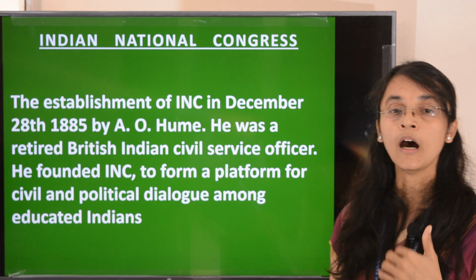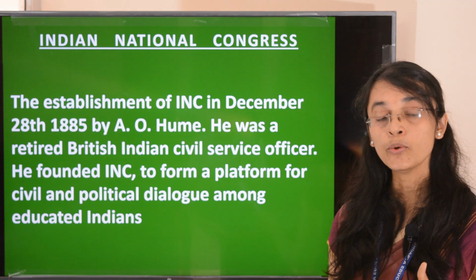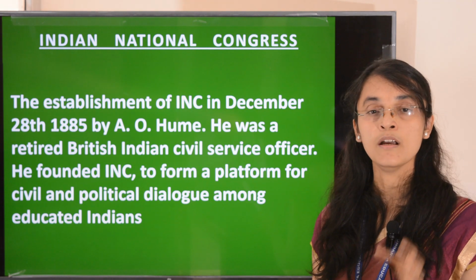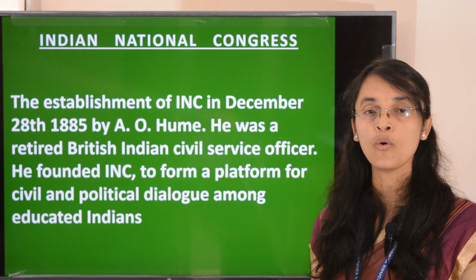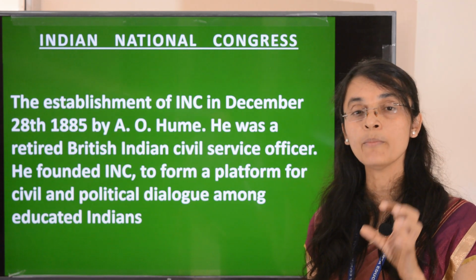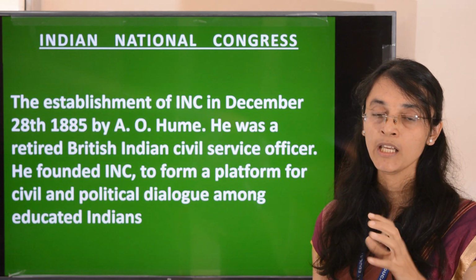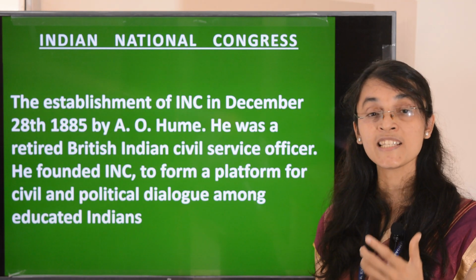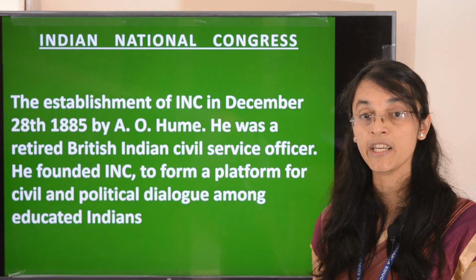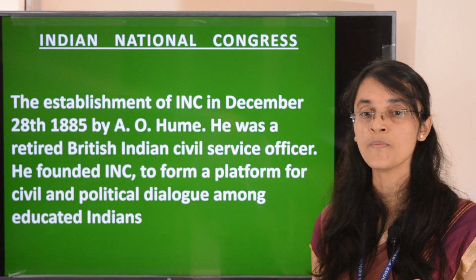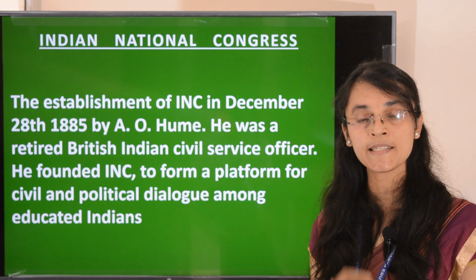Here, our national leaders through the Indian National Congress pressurized the British government to meet the demands of Indians for independence. Finally, the British government responded to the demands of Indians with reforms initiated through various acts.